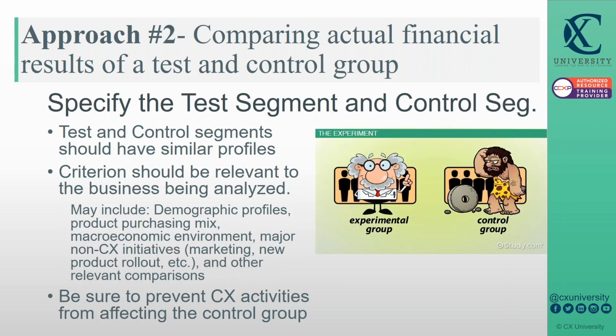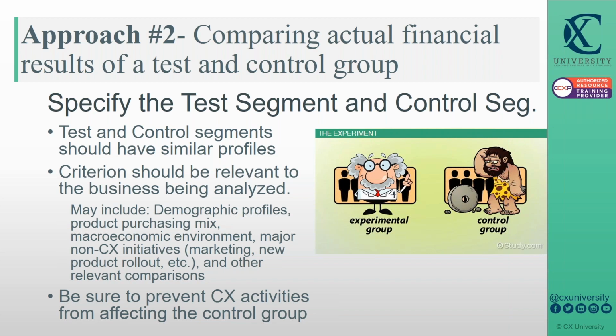The next approach is to compare the actual financial results of a test versus control group. And the first step of that is to define the test segment and a separate control segment. Now, what you're trying to do is find two segments that have similar profiles, and the criteria could be various ones, and they really depend on what you're doing.